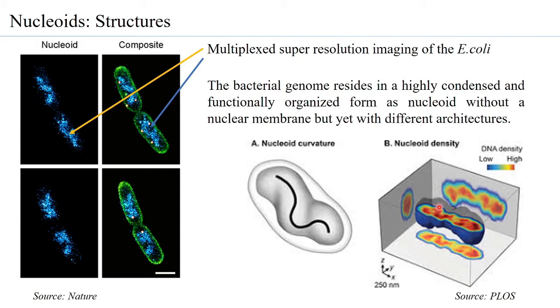But overall, it has a particular architecture. That same architecture you will find in the other cell as well. So there are common things that enable the DNA of the prokaryote to be present in a certain organization, leading to a certain architecture of the nucleoid itself.